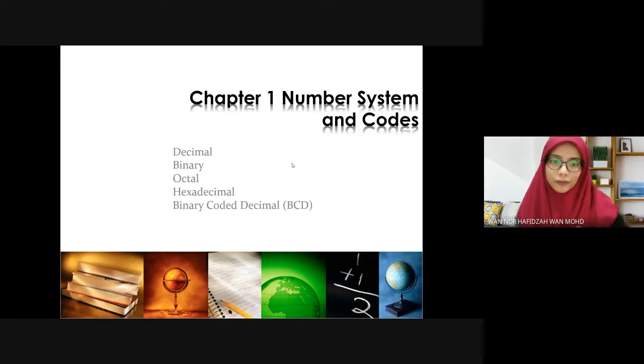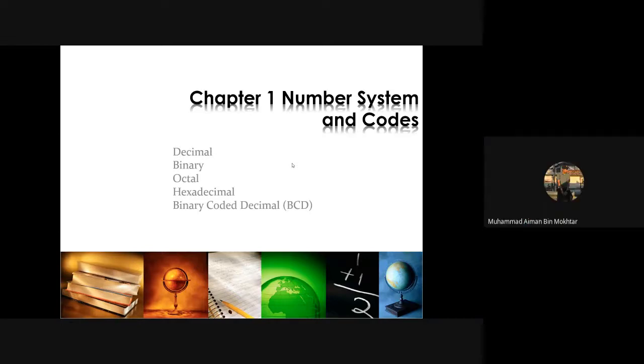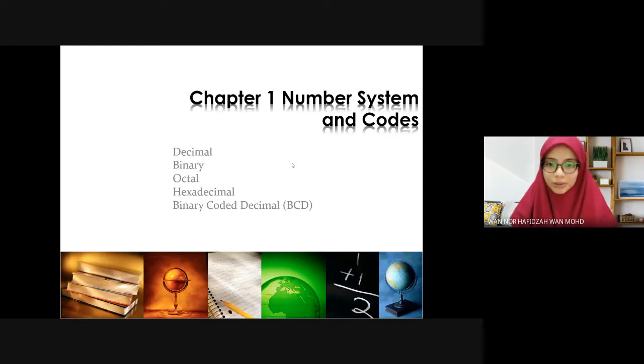So there are 5 numbering systems that we are going to learn in this chapter: decimal, binary, octal, hexadecimal, and binary coded decimal, BCD. So any of you could explain to me what is binary number? Binary numbers have only two numbers, 0 and 1.